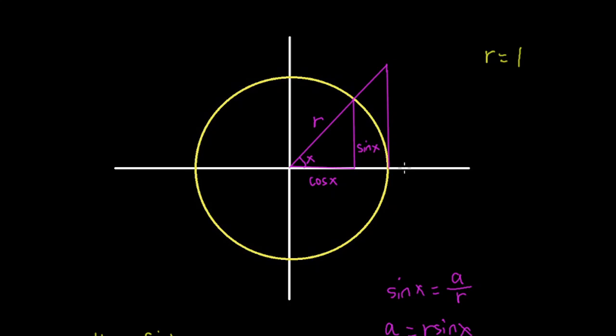What you see here is a smaller triangle, a sector, and a bigger triangle here. What we know is that the area of this smaller triangle is less than or equal to the area of this sector, which is less than or equal to the area of this larger triangle.